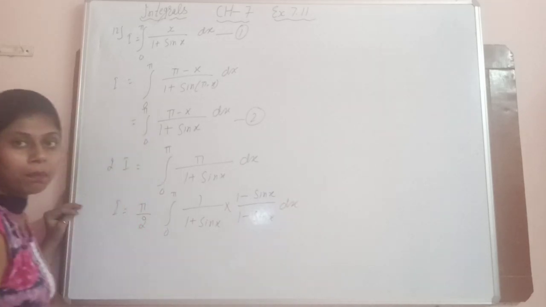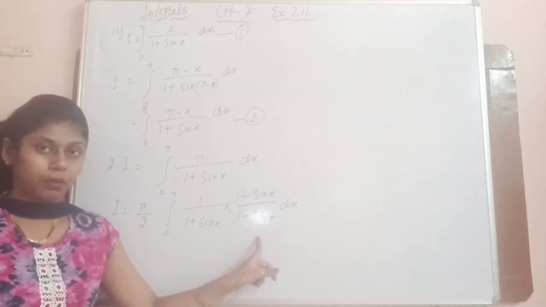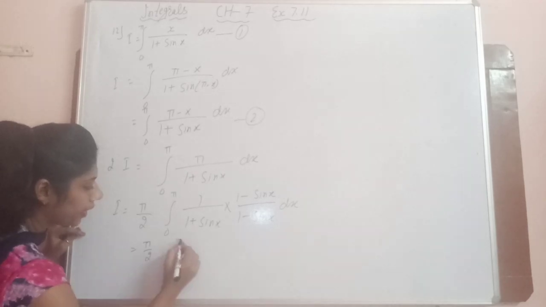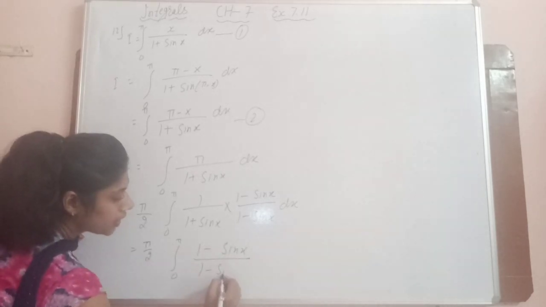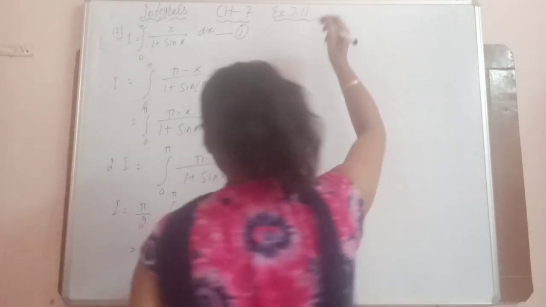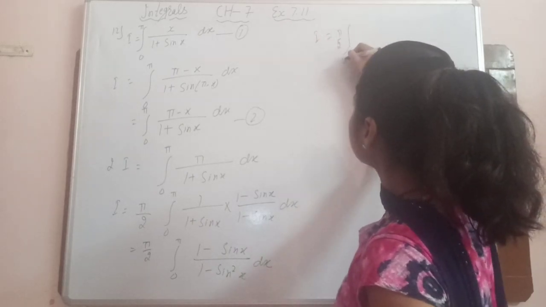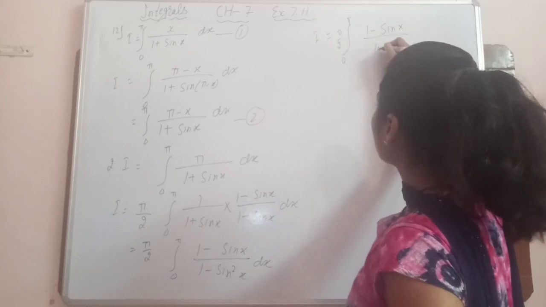Now the function will become 0 to pi, 1 minus sin x upon 1 minus sin square x. 1 minus sin square x is cos square x. So 1 minus sin x upon cos square x.